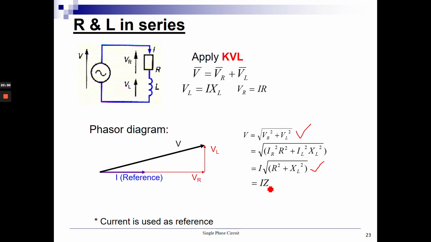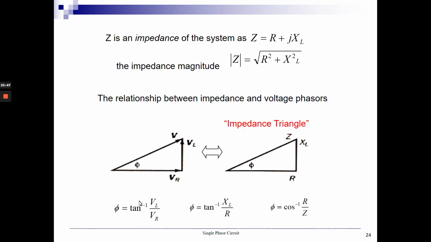So what is your Z? Z is equal to the square root of R squared plus XL squared. So Z is your impedance. Okay, so Z is the impedance of your system, as Z equal to R plus j XL. j is your complex number.